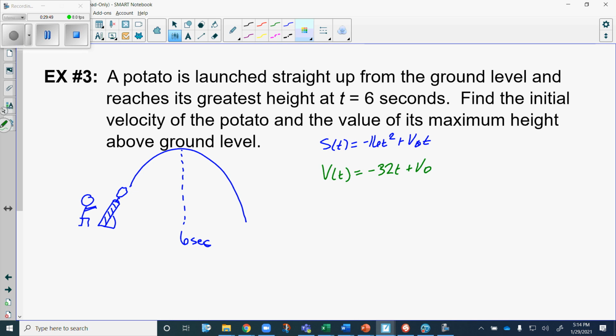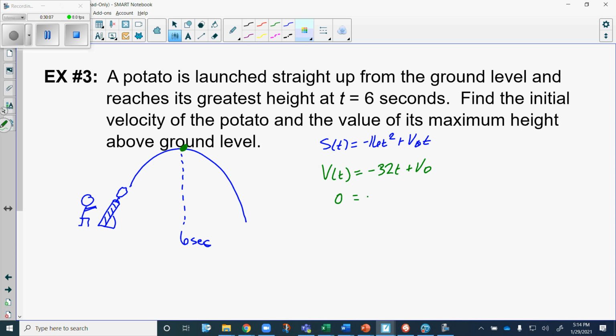Okay, well now I can take that value of 6 and plug it into the function and say, okay, well when the velocity is equal to 0, that's where I'm at my maximum.